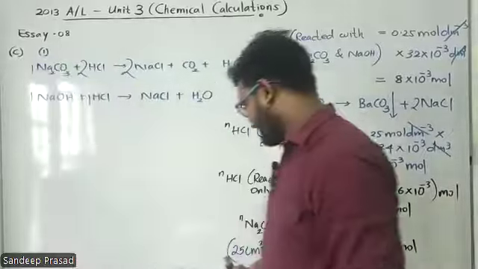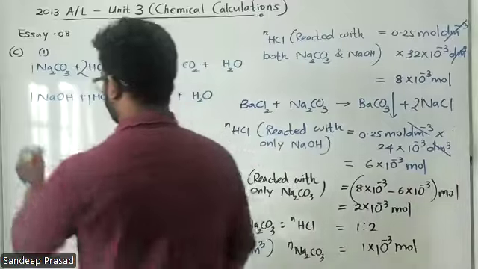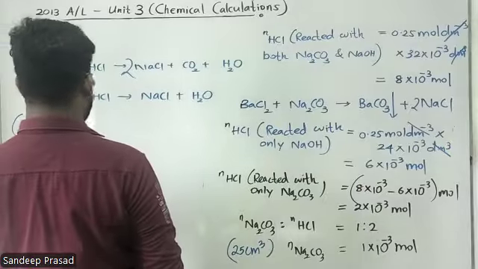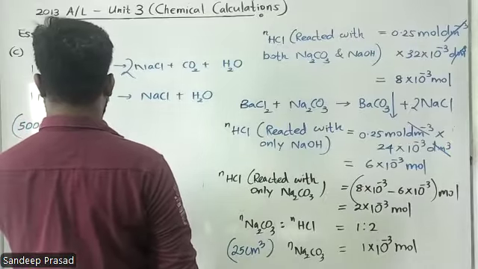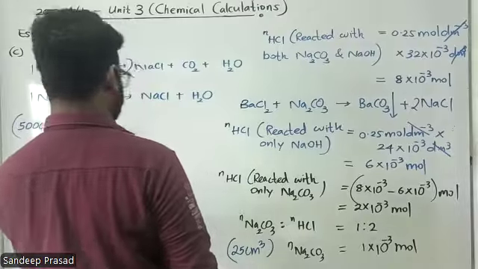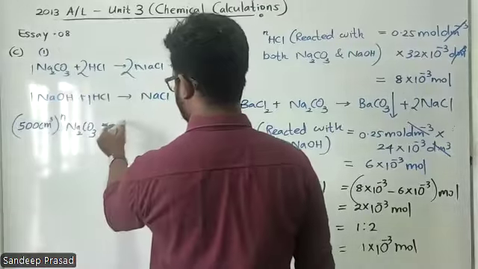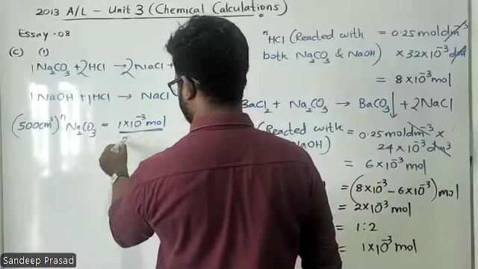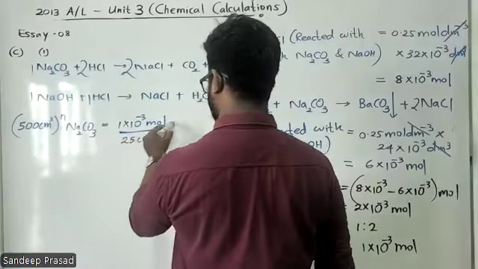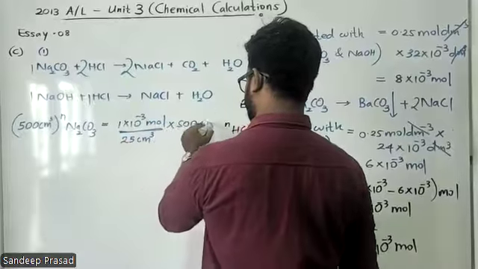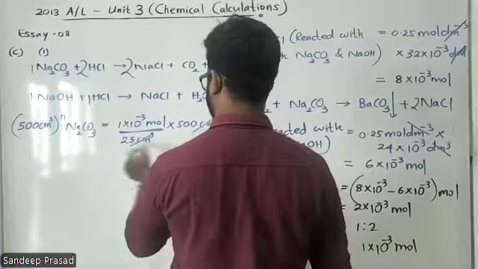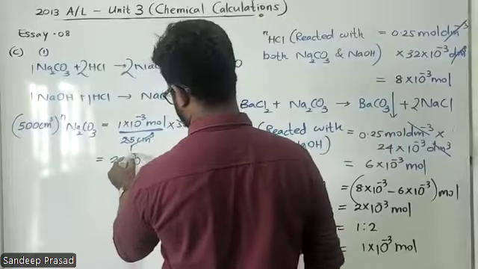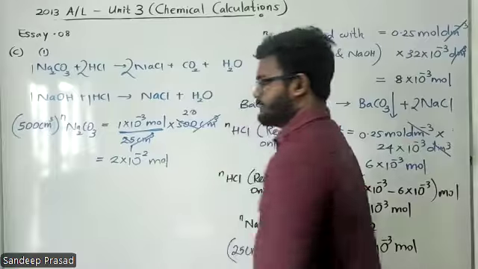Then I can find out the sodium carbonate moles in 500 cubic centimeter. In 25, we have this much. Then in 500, we have how much? 2 into 10 to the power minus 2. Okay.